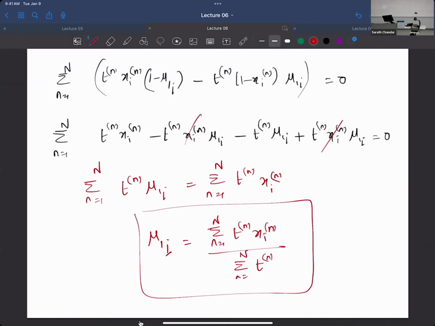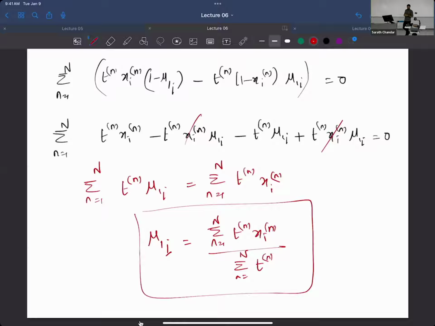So in some sense, this is just the simple frequency of xi being 1 for class 1. Let's say there are 100 examples in class 1, and for 20 out of 100 examples, xi was 1. Then this is saying that the probability of the ith feature being 1 for class 1 is just 20 by 100.